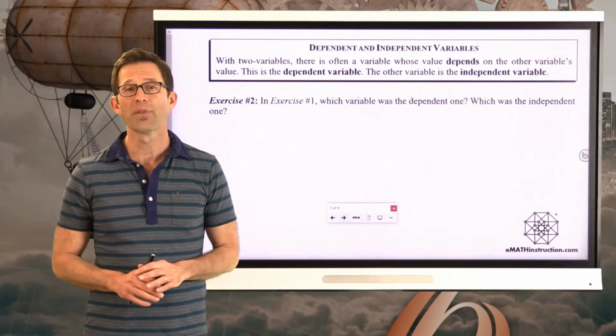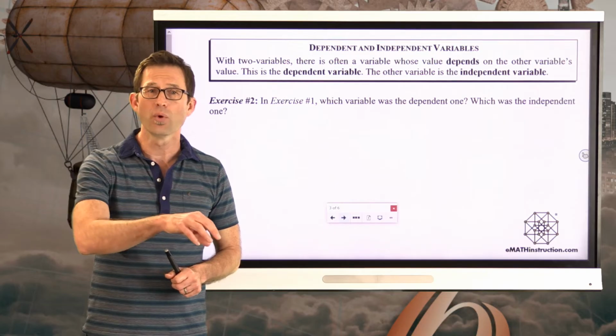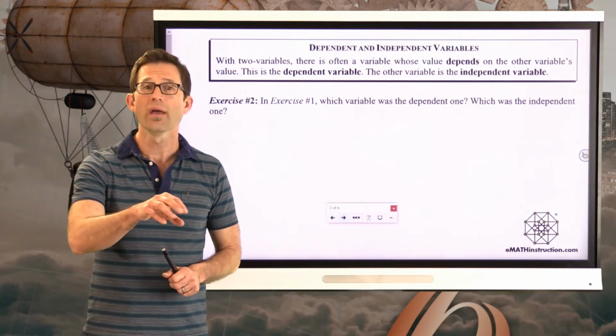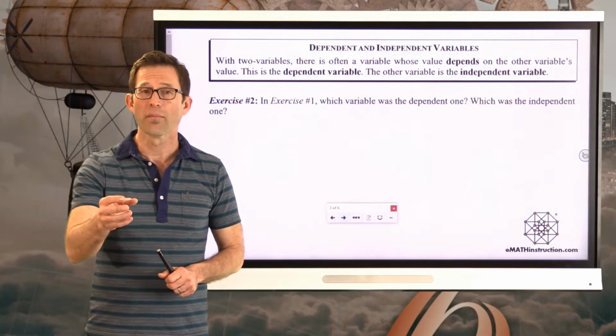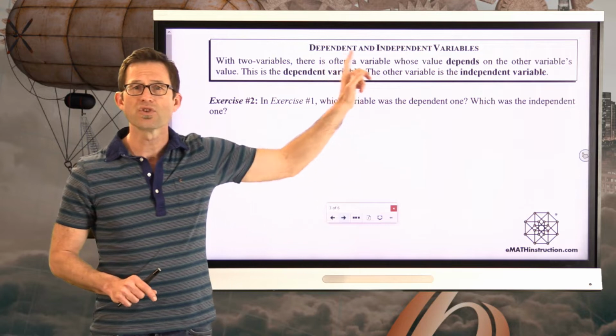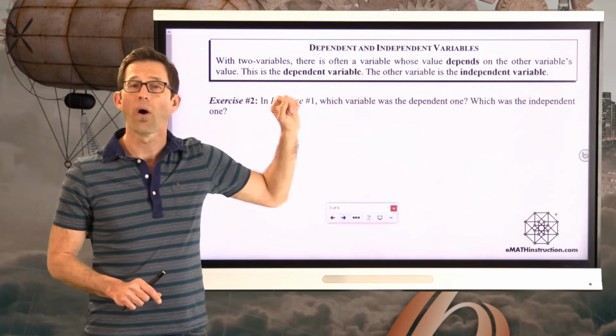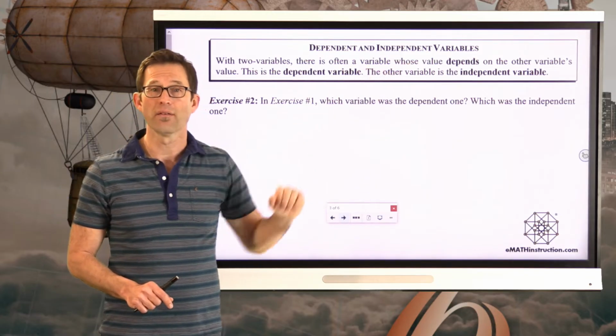Now, one thing that came up in the last problem was this idea that the volume of the water that was in the pool, in the bathtub, depended on how much time the water had been flowing. That gets into this idea that in any situation where we've got two variables, we oftentimes have what's called a dependent variable and an independent variable.